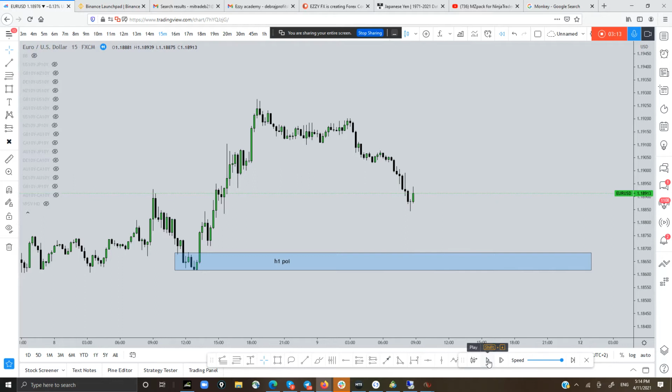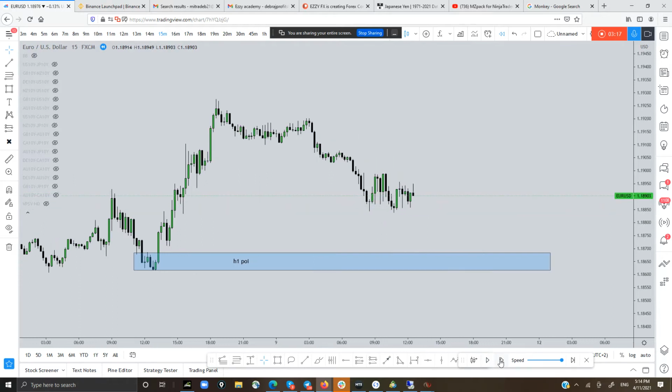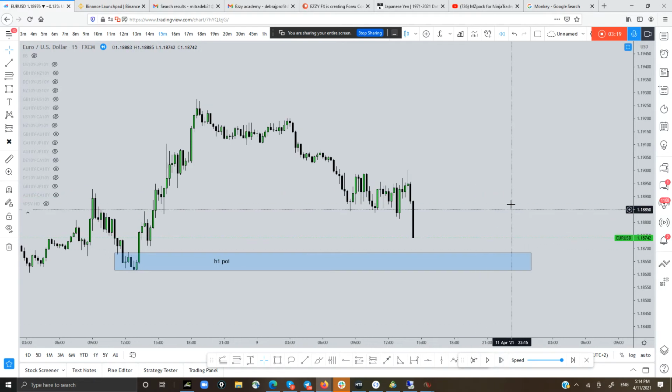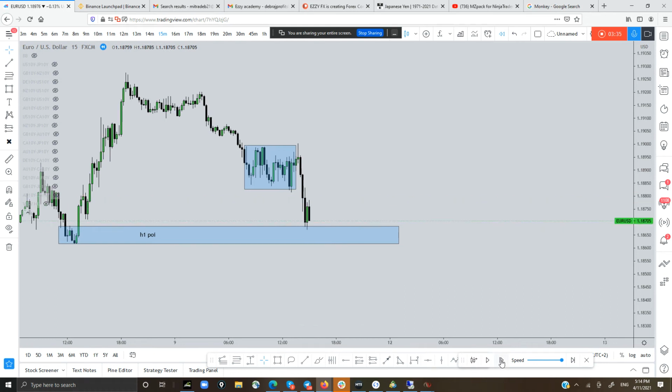And if I run this in replay mode, see what the price is doing here. The price is consolidating. So this is a consolidation. After this consolidation, price is hitting my zone. Yeah, it hit here.